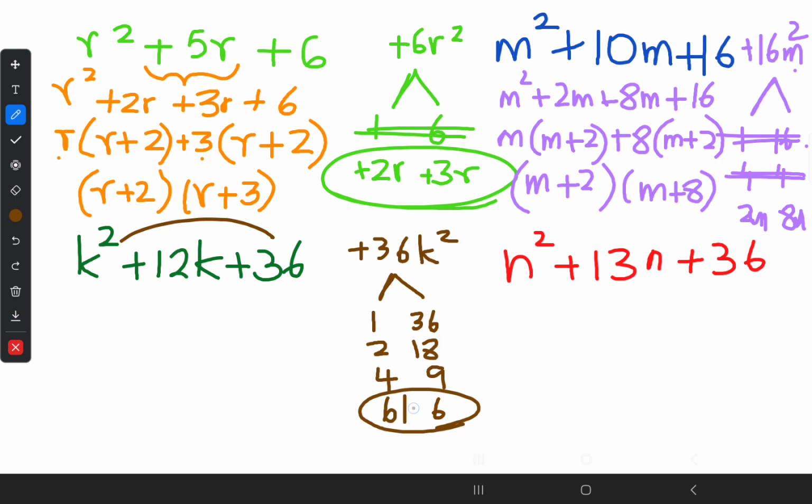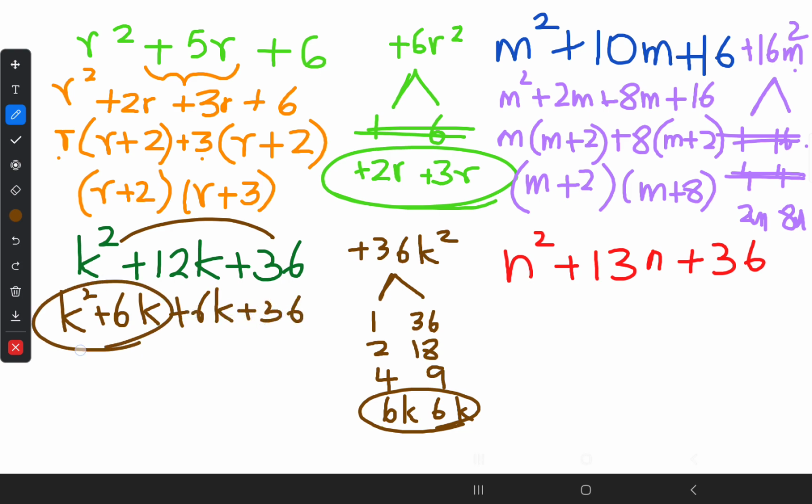Positive 6k and positive 6k multiplication will give you 36k square, and the sum will give you positive 12k. So it would be k square plus 6k plus another 6k plus 36. From the first two terms, let's select k as a common factor. That will give you k plus 6.